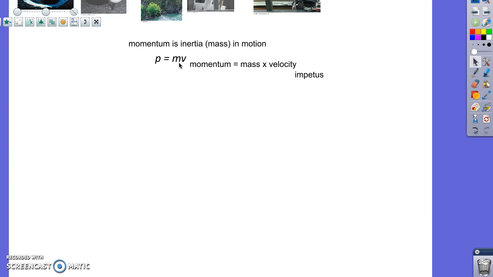Now, in order to change the velocity, and changing the velocity is called, that's right, acceleration, to cause it to accelerate, you have to have some type of force. Okay, and so generally a change in momentum is going to be caused by a force.